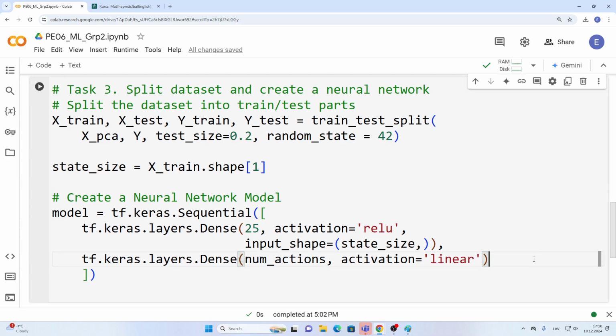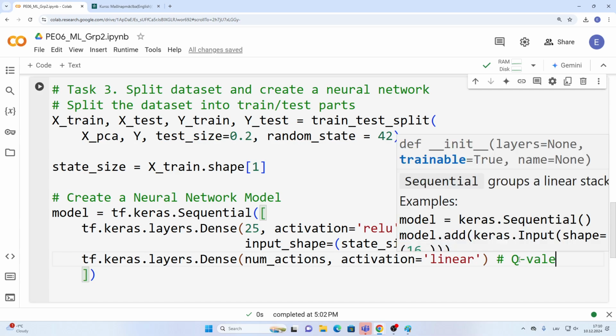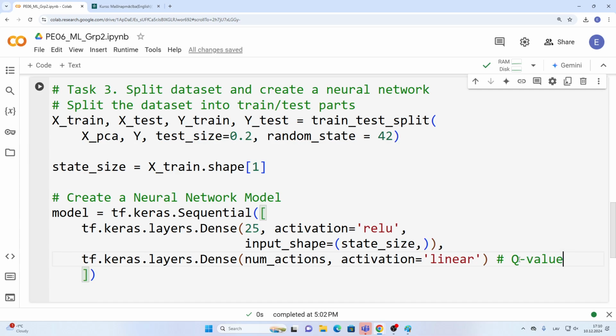Linear, that means we do nothing about it. We don't apply any kind of sigmoid, we don't calculate softmax, we don't convert it into a probability. It is just a certain number. In our case, this number is going to be a reward of your function. More particularly, we call this in lecture the Q value.